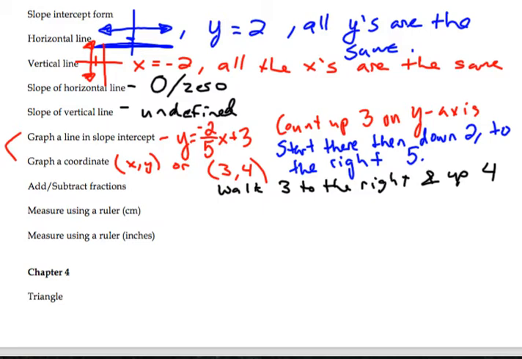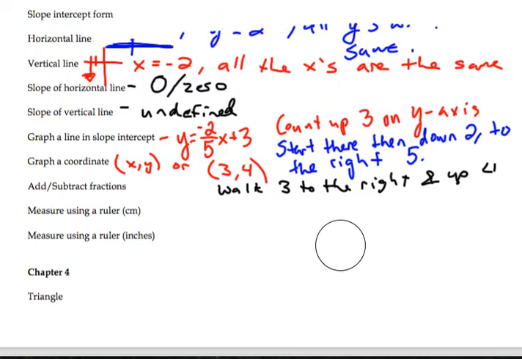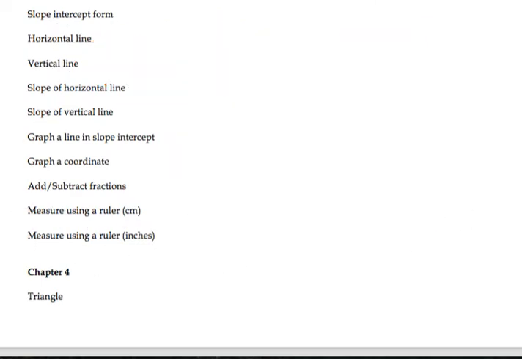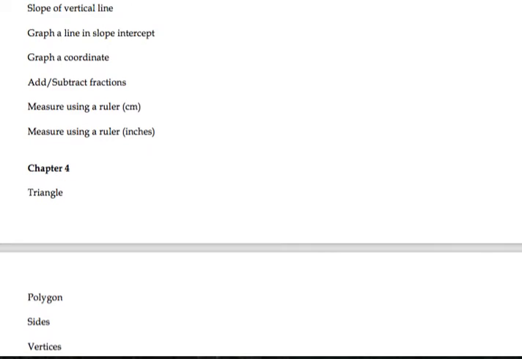I'm going to get rid of this for a second. So then the last couple things here. Adding and subtracting fractions. So common denominator. 4 and 5/7 plus 3/7... You would need to make the common denominator 14.